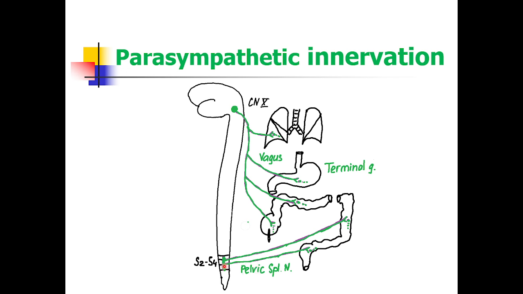You will use the sacral parasympathetic nucleus, S2, S3, S4. Guys, again, it's not important now. All thoracic organs receive parasympathetic from vagus, but later on, please come back to the diagram.